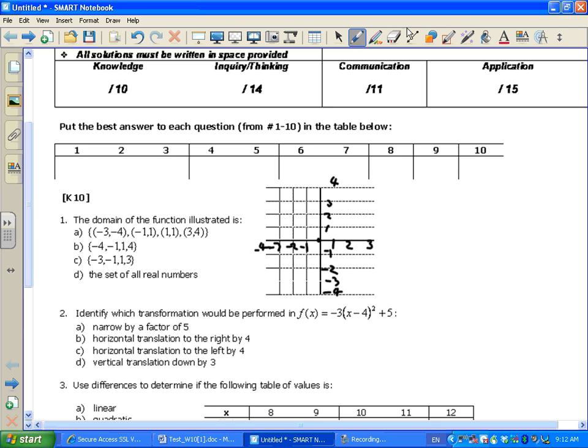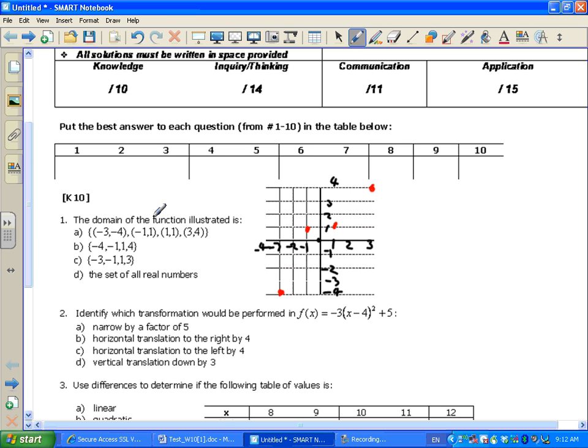Now, in this question, there were 4 points plotted. -3, -4 was one of them, and 1 was another, and 3, 4 was another. So, like I said, there were 4 points that were plotted.